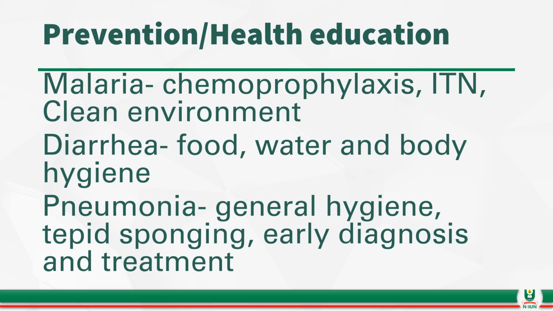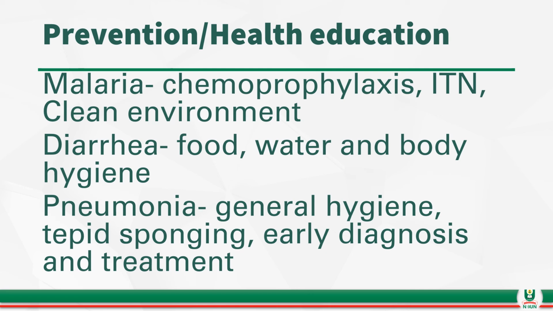They should also make sure that their environment is clean. For diarrheal diseases, the mothers should be counseled and taught about food, water, and body hygiene so that their children don't come down with diarrheal diseases. For pneumonia, they should also be taught about general hygiene.